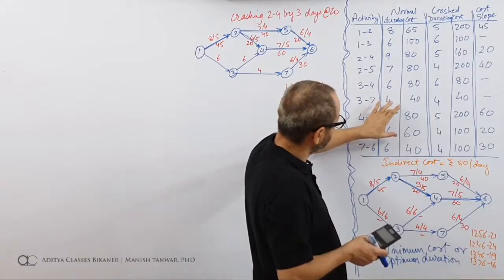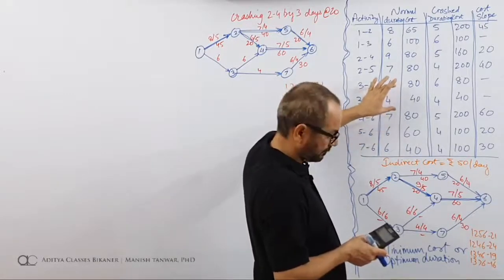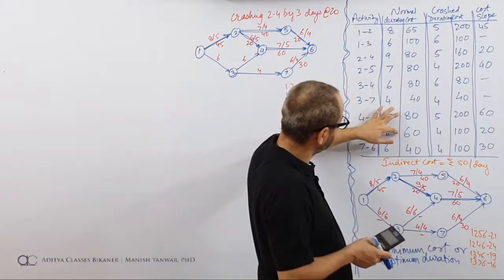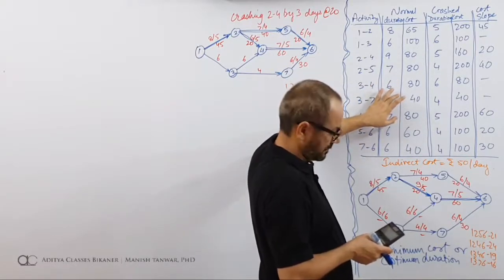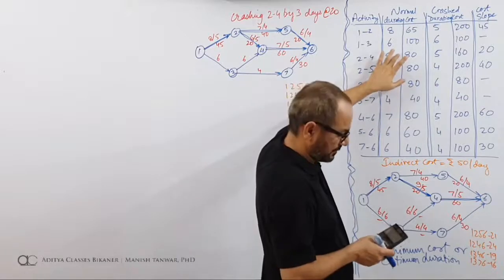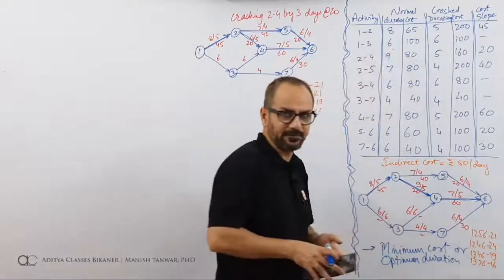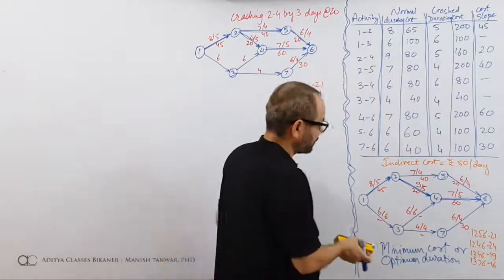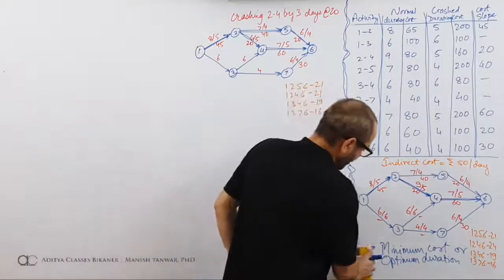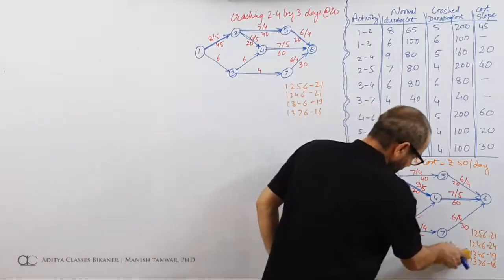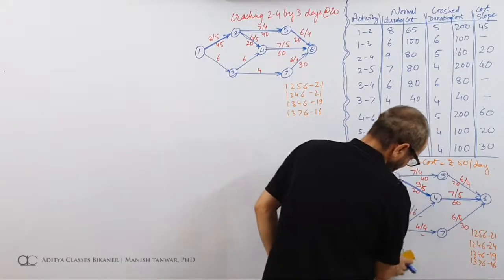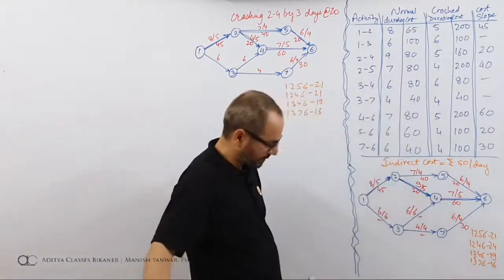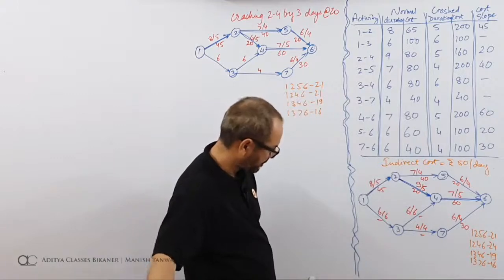Then we had 180, then we had 240, then we had 165. So it is 625. So the direct cost is 625. I'll remove this name of the method and just put this thing over here.